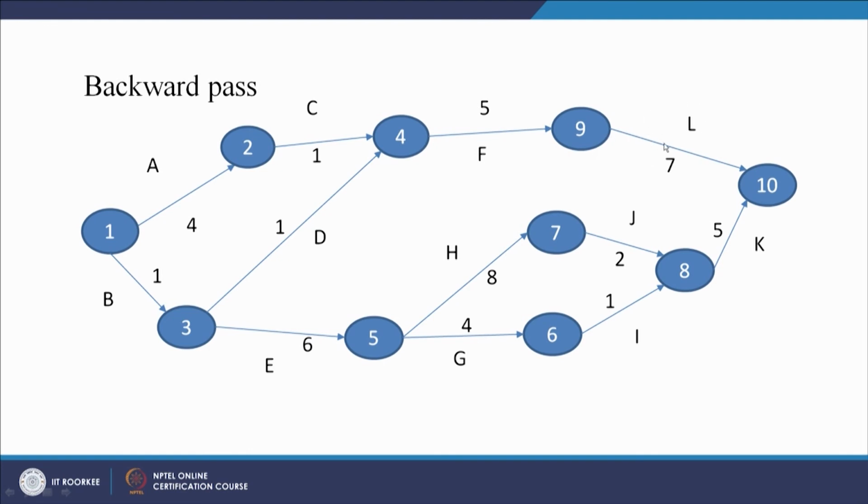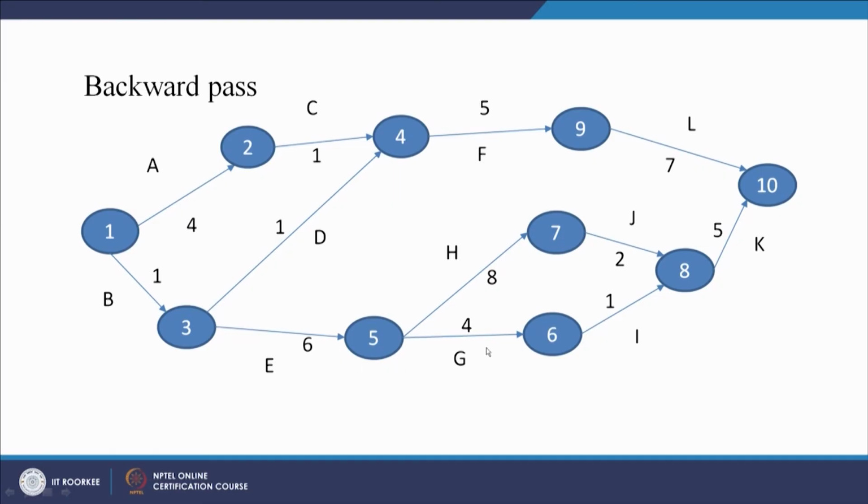When can activity L start at the latest? At the latest L can start 22 minus 7, that is 15. So after 15 days L must start, otherwise the project will get delayed. So this way we will do the backward pass calculation starting from the end node moving towards the start node.